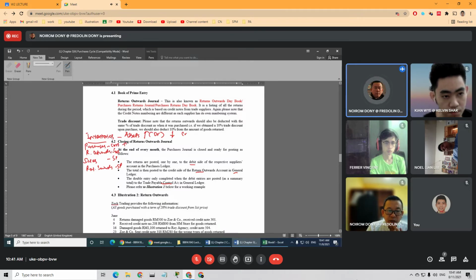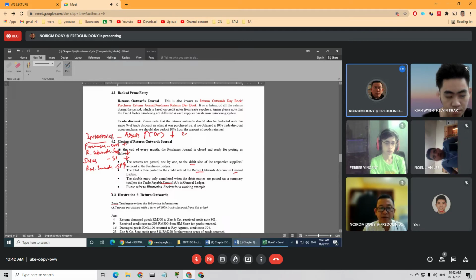When we return the goods to the owner, the supplier, reduce the level of inventory. When we make sales, the level will be reduced. When the customer returns the good to the business, return inward, the level of inventory increases, isn't it?